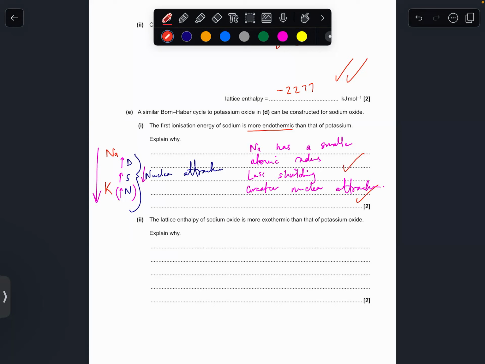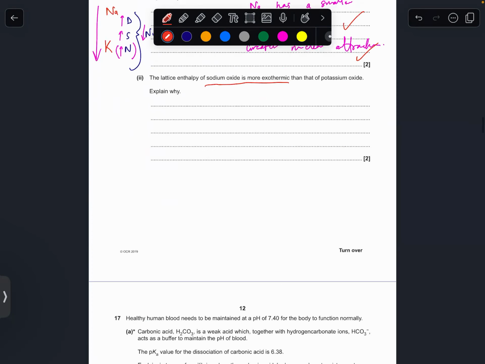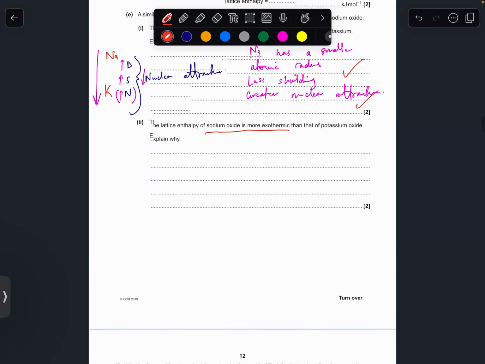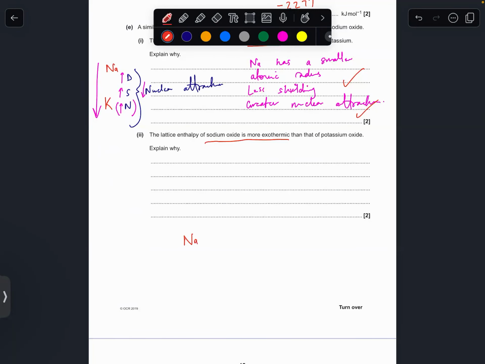The next question: the lattice enthalpy of sodium oxide is more exothermic than potassium oxide. Explain why. You see what we've got here, we've got sodium ions attracted to the oxide ions and potassium ions attracted to the oxide ions.